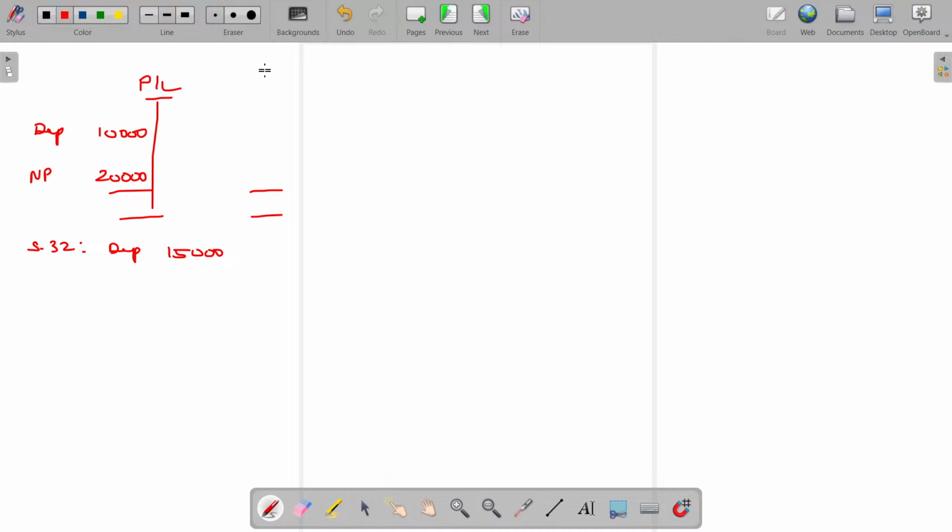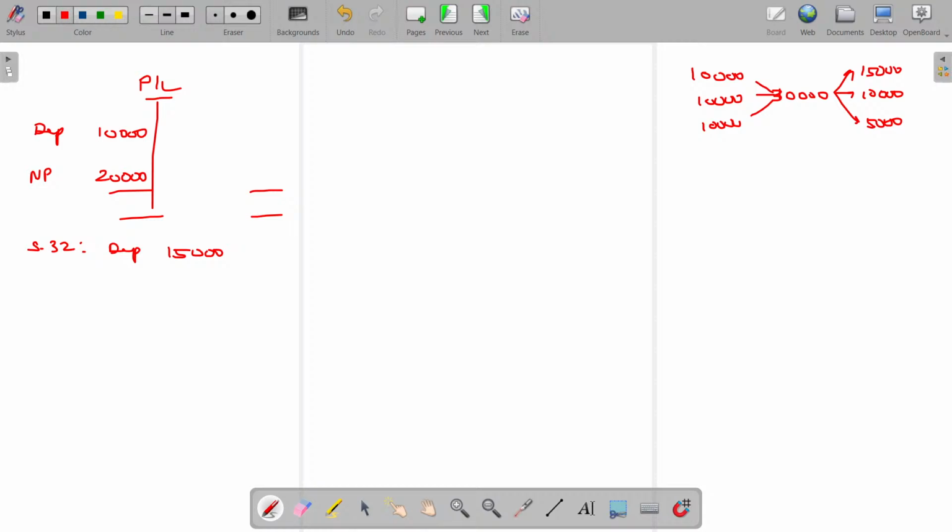Clear? The asset value being 10,000. In the financial accounts system, 15,000 first year, 10,000 second year, 5,000 in the third year. So, in total, depreciation is the same, 30.